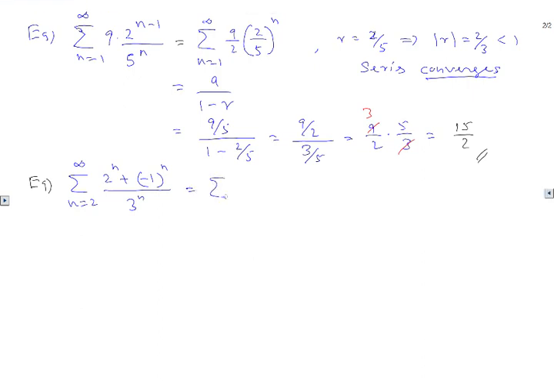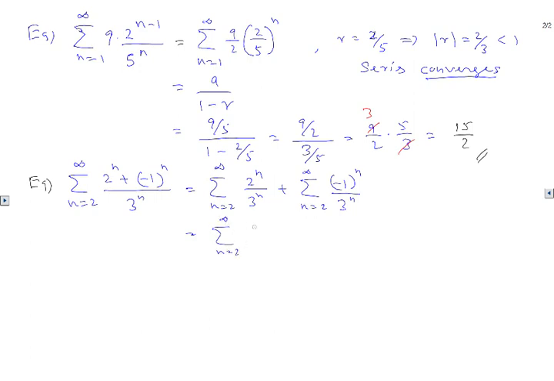So it is sigma n going from 2 to infinity, we can write 2 to the n over 3 to the n plus sigma n going from 2 to infinity negative 1 to the n over 3 to the n. Now we're going to find the r in both cases, but we can write them using a common index.